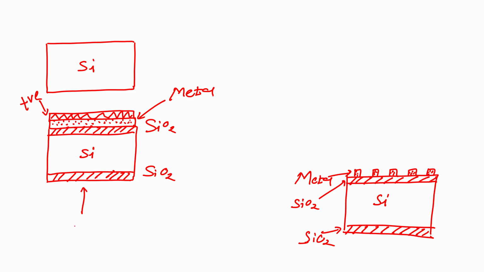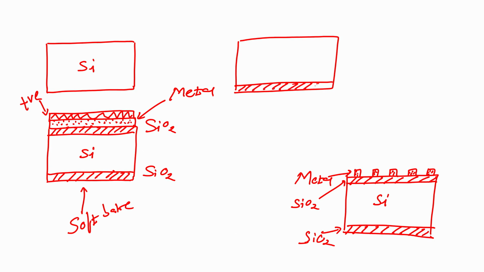Next step is soft bake. Next step is to load the mask. You have the wafer, silicon dioxide on the back side, silicon dioxide on the front side, and then you have your metal. Over that you have your photoresist, and over that you are now loading a mask, and this mask is a bright field mask.